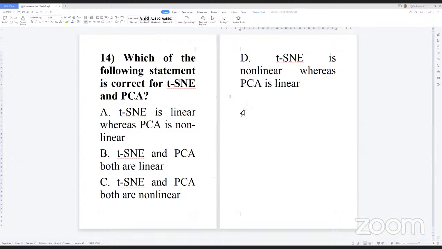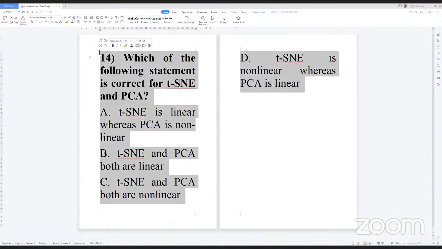So what is the answer for this? Yes, it's true, Akhil. For the 14th question, the answer would be D. t-SNE is a non-linear algorithm, whereas PCA is a linear algorithm. Okay, that is the answer. We'll go for the next question.